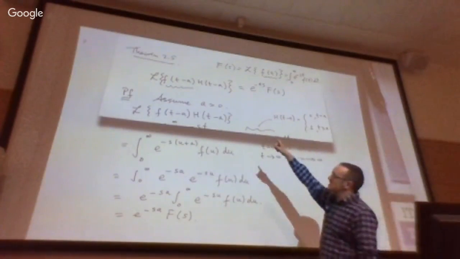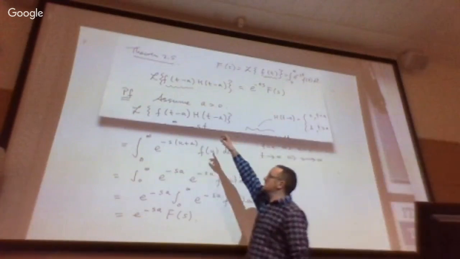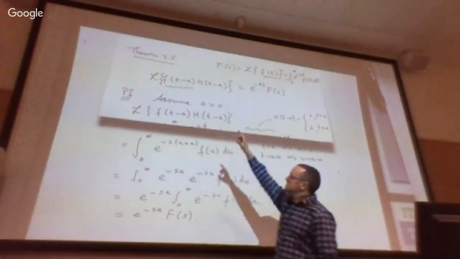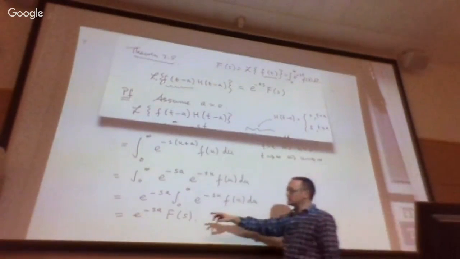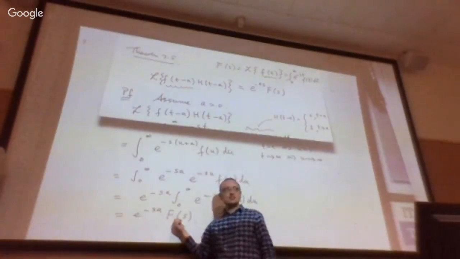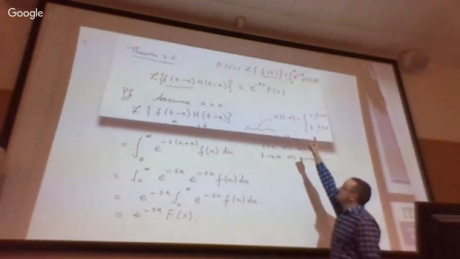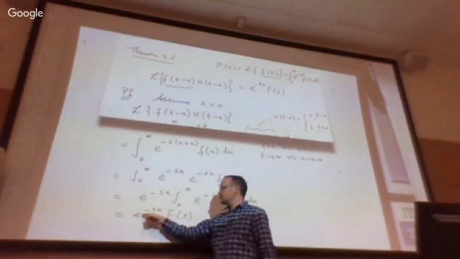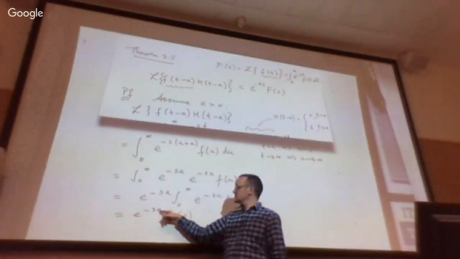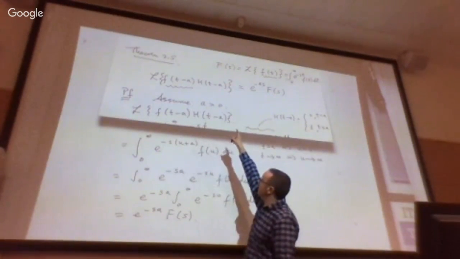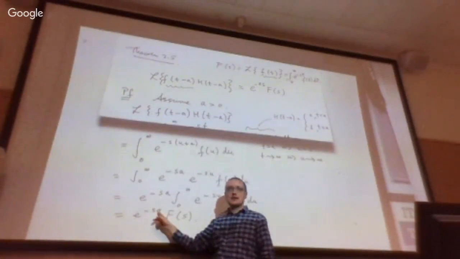Introducing this Heaviside step function as a factor, multiplying the similarly shifted f function, f evaluated at t minus a, has the effect of multiplying the transform of the original unshifted function f, capital F of s, the transform of f of t, by this factor e to the minus sa. So the size of the shift involved, the location of the switch-on point, is encoded here as well, because here's our a.